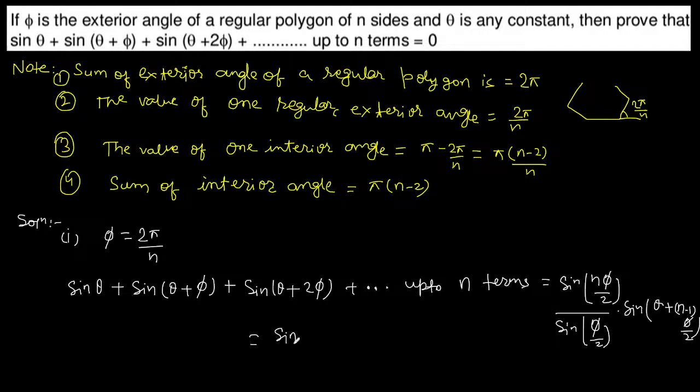So if we go with sine n phi by 2, sine n phi by 2 is sine pi, and we have the other terms also, like sine of theta plus n minus 1 phi by 2, divided by sine pi by n. So we know that sine pi is 0. So the answer is 0. We got the proof.